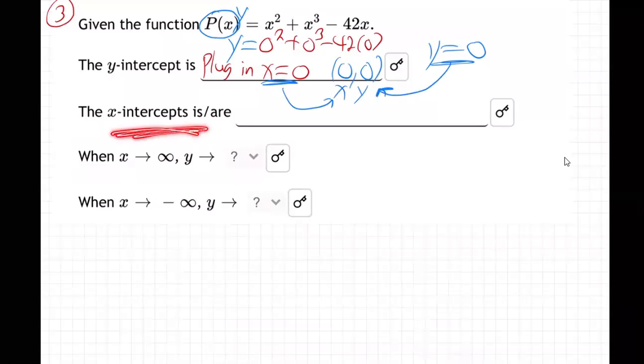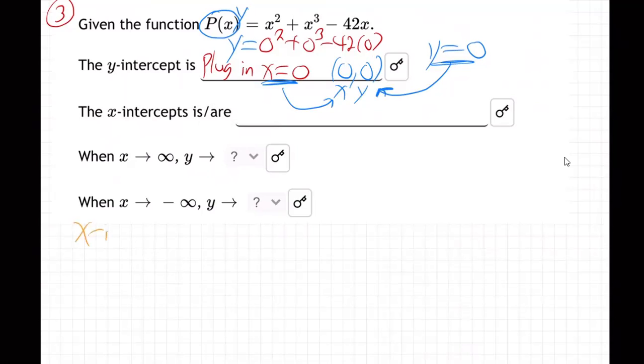Now, x-intercepts. What are the x-intercepts? To find x-intercepts, let me just bring it down here, I'm not going to have room right there at all.